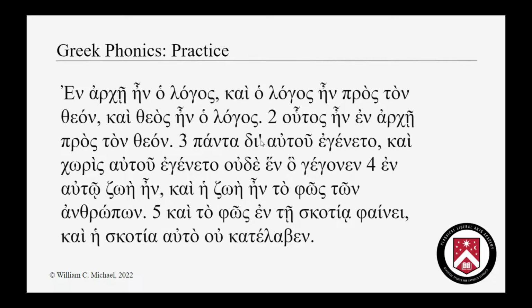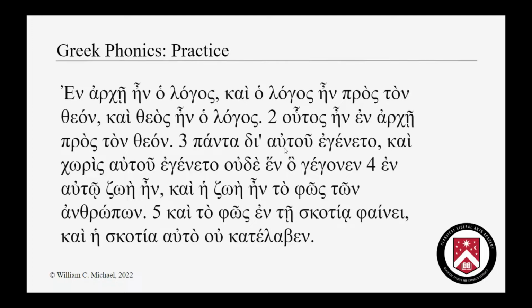So this is actually just a mark that shows that the alpha in dia has been dropped. And the reason why it's been dropped is because the next word starts with the sound a. So instead of saying dia, a, they just drop the alpha and say dia. So that mark there is just an apostrophe showing that a letter has been dropped. And you'll see that in the exposition of the Greek reading lesson.